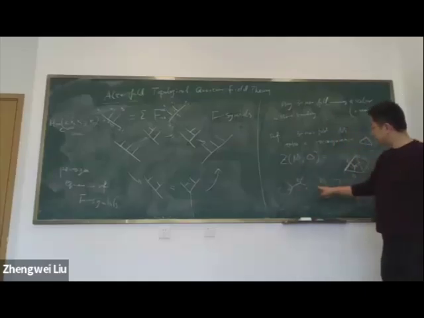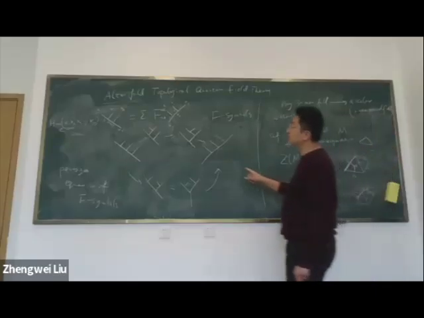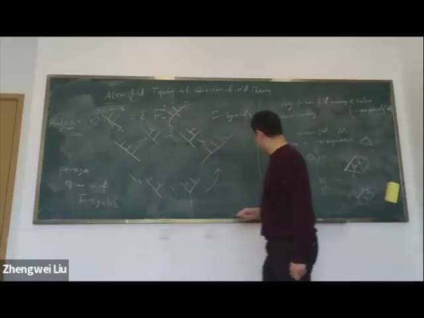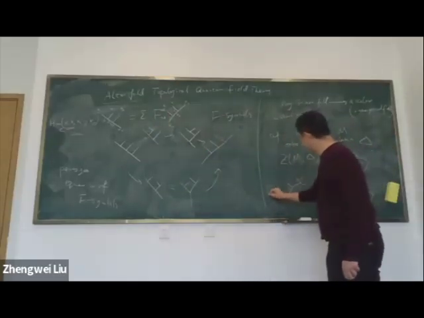And you can consider this inner product just as a coefficient here. It's from alpha beta to theta gamma. So this is the F symbol.